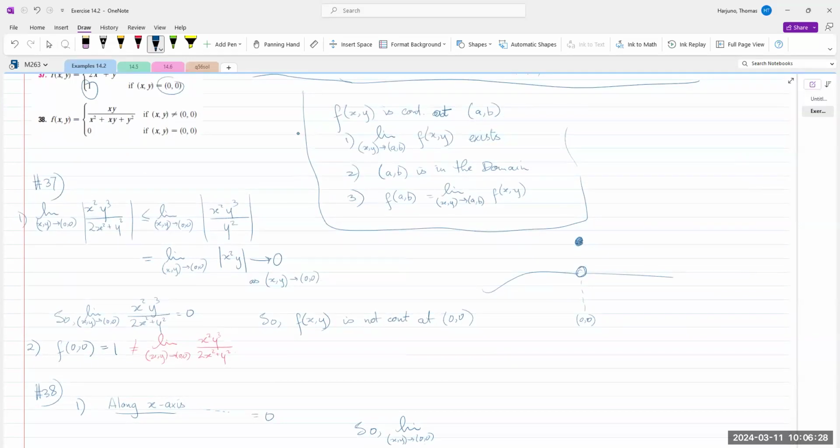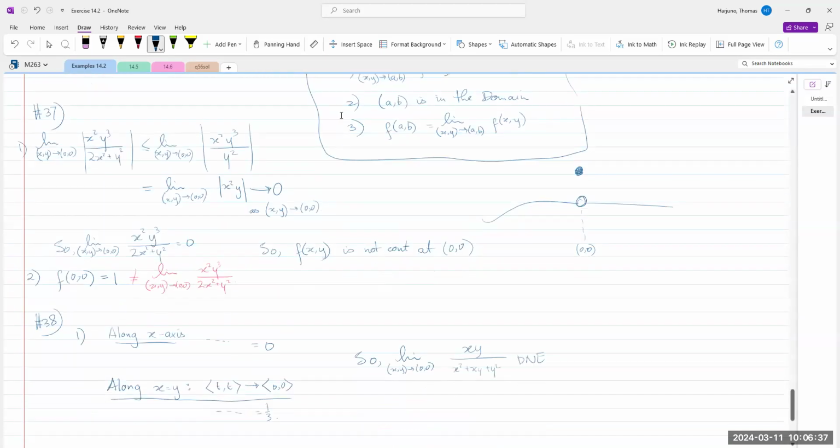So the limit of xy over x squared plus xy plus y squared does not exist, and consequently f(x,y) is not continuous at (0,0).